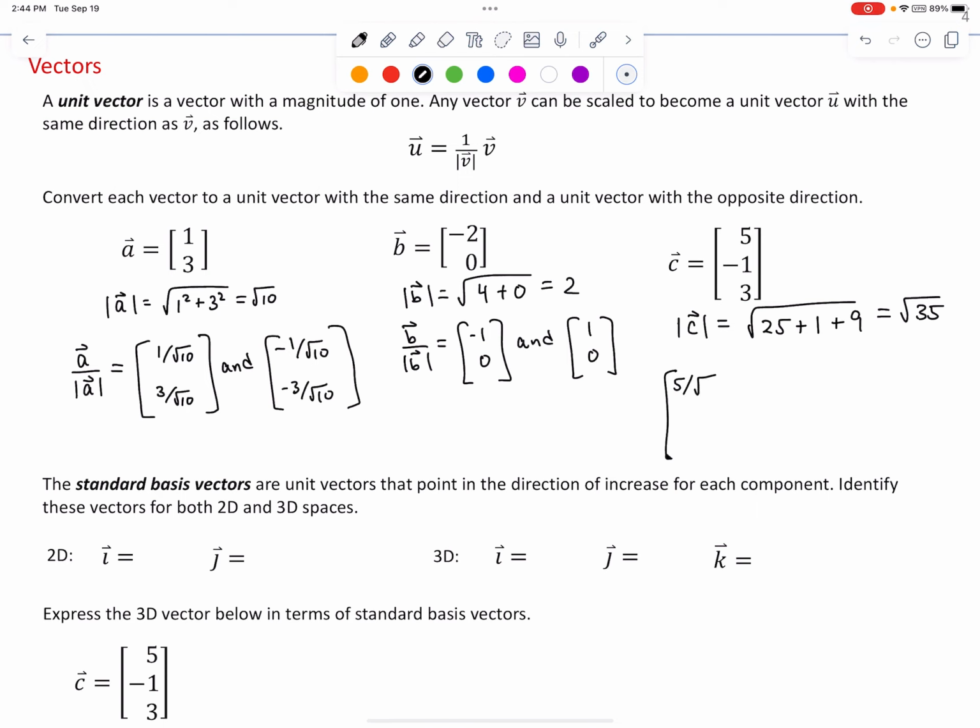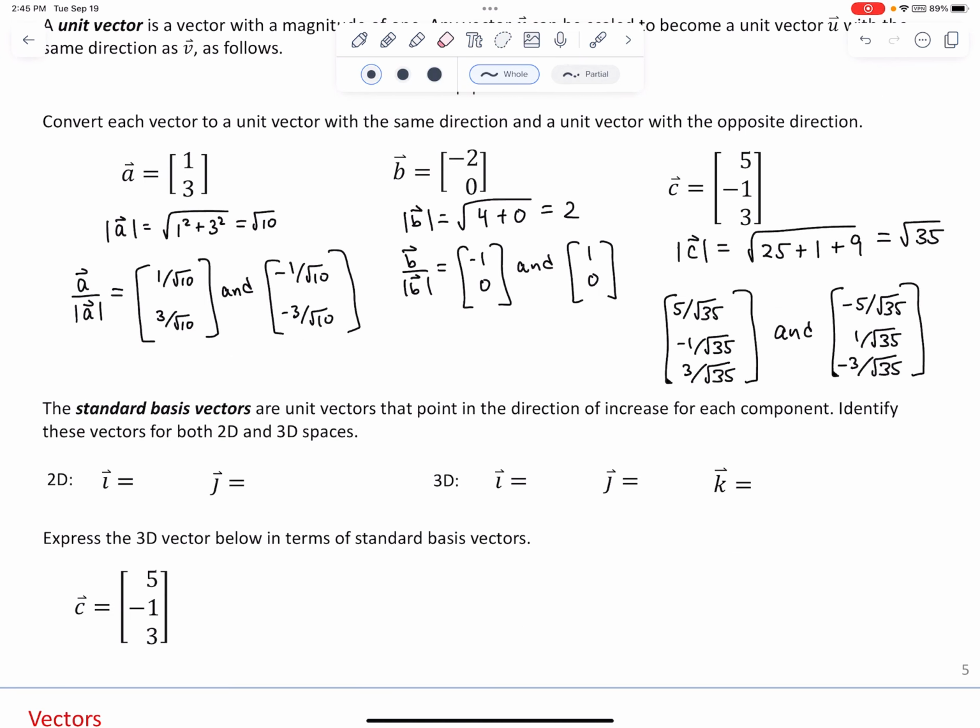So 5 over radical 35, negative 1 over radical 35, and 3 over radical 35. And then, of course, the unit vector pointing in the opposite direction as c is the opposite of this vector. In this 3D case, I encourage you to plot the original vector as well as both of these unit vectors to make sense of what you are seeing.